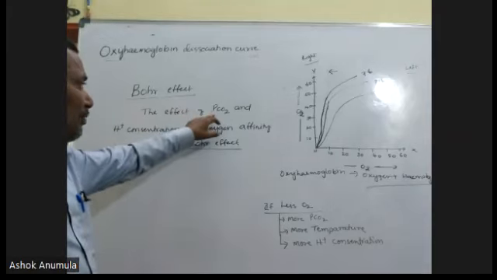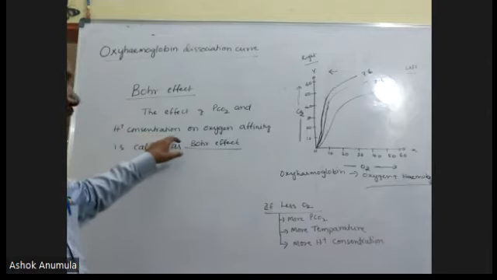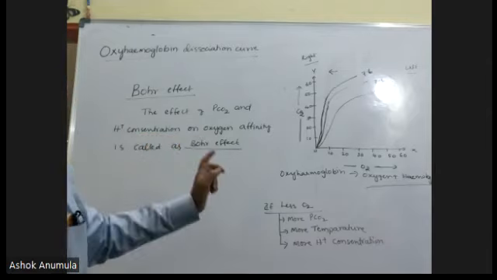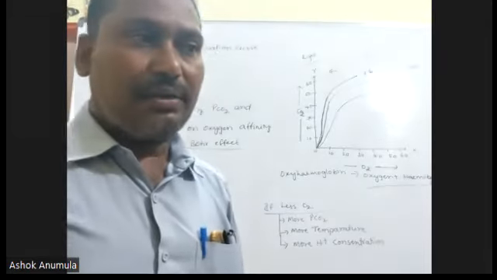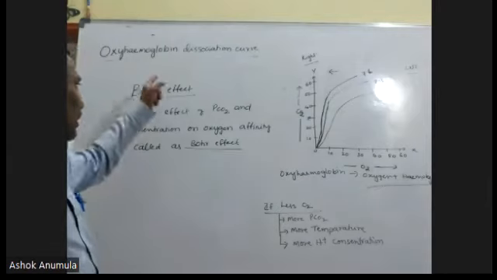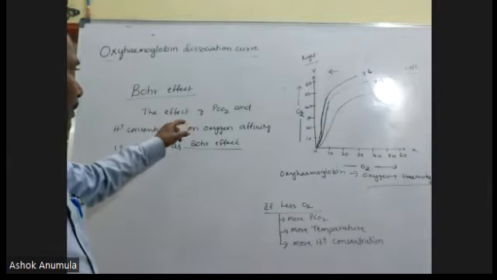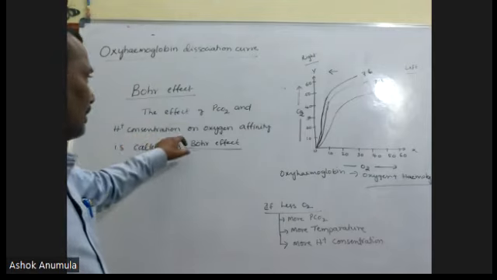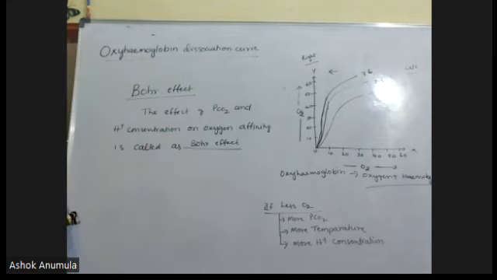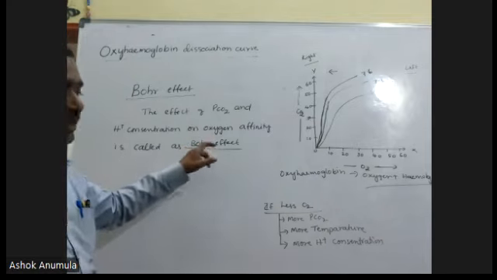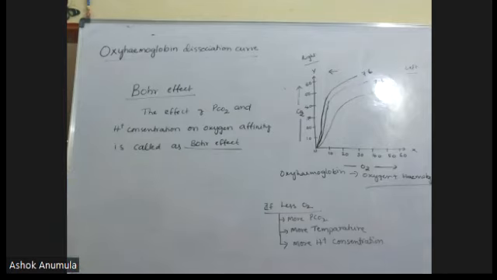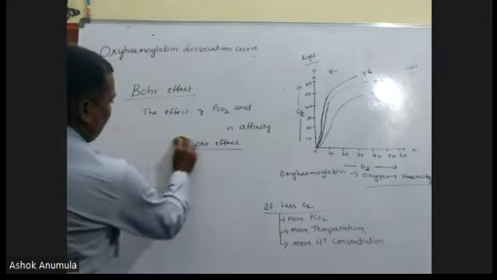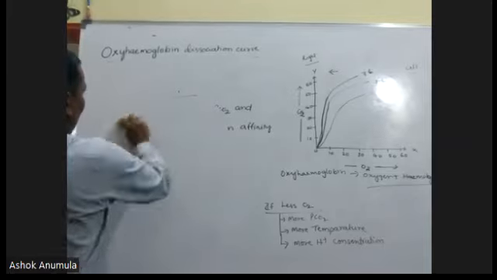If more PCO2 or more H plus ion concentration is present, definitely less oxygen is bound, and it was discovered by the scientist Bohr. This is the Bohr effect, along with the oxyhemoglobin dissociation curve.